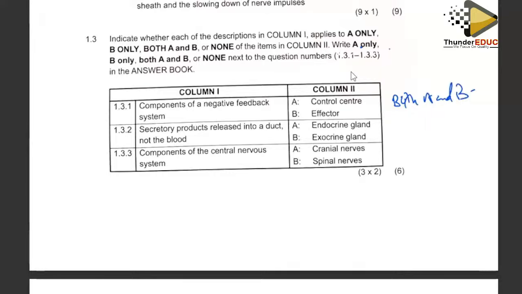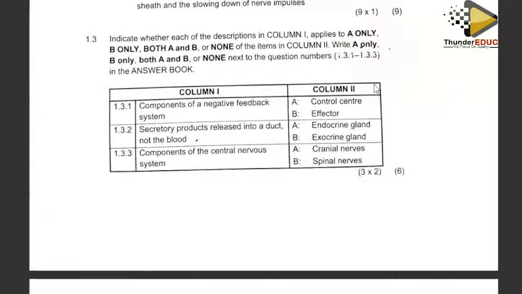Then they are saying a secretory product released into a duct, not blood, into a duct, meaning that these glands have a duct. So you have the endocrine gland, and then we have the exocrine gland. So this could be B only.